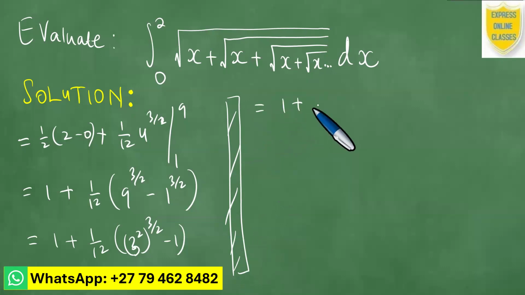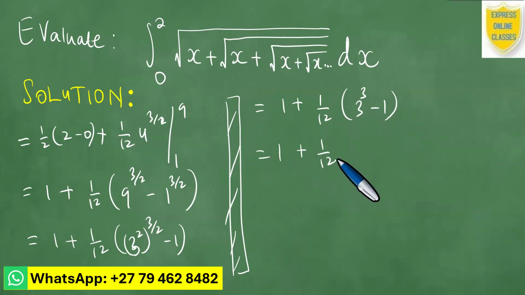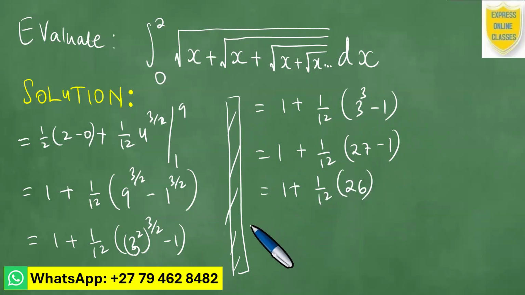And this is 1 over 12 times. The 2 cancels, giving us 3 cubed. And therefore this is 27 minus 1. And that gives us exactly 26 there.